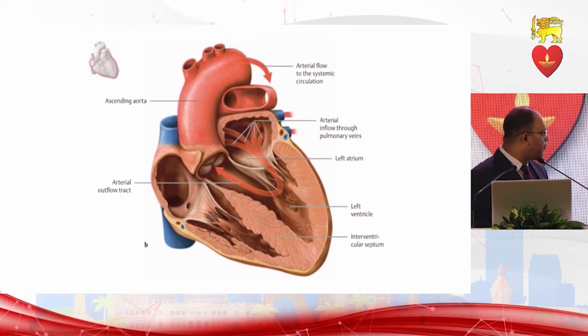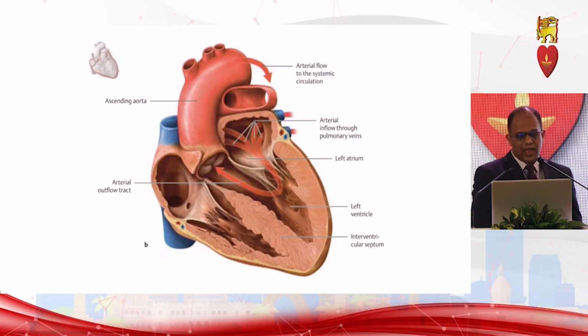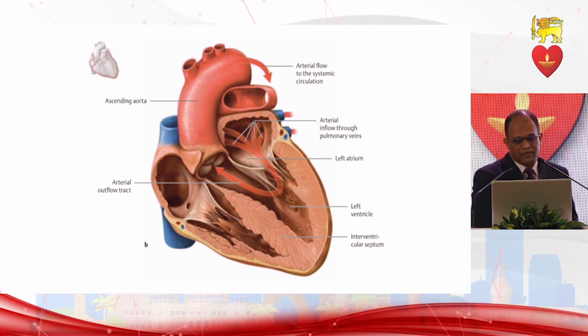On the left side of the heart, blood flows from the left atrium to the left ventricle, and that is looked after by the mitral valve. When the left ventricle pumps blood out of the heart, it is looked after by the aortic valve.